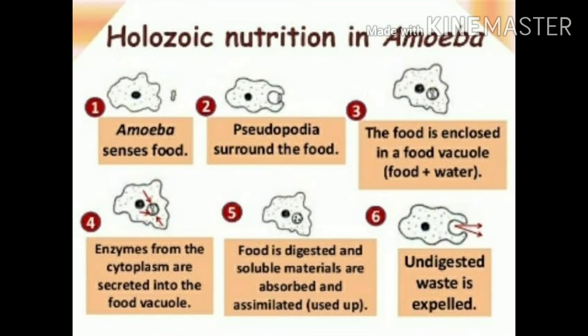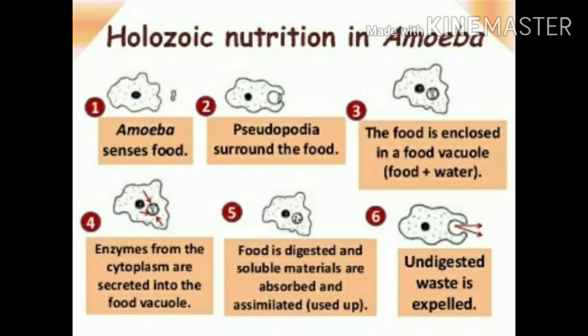The enzymes that are present inside the amoeba cell are released from the cytoplasm and get secreted into the food vacuole. And further, the food is digested and the soluble materials get absorbed and assimilated, or utilized, for the various life processes of the amoeba.